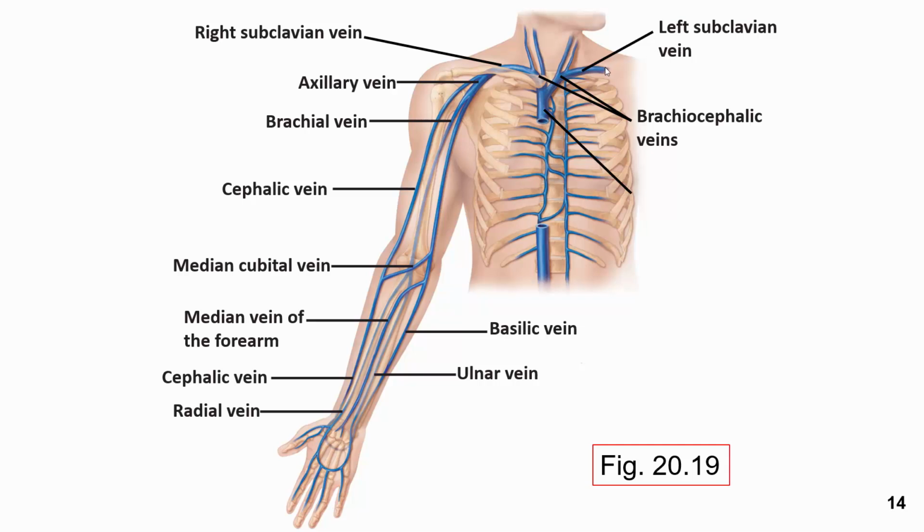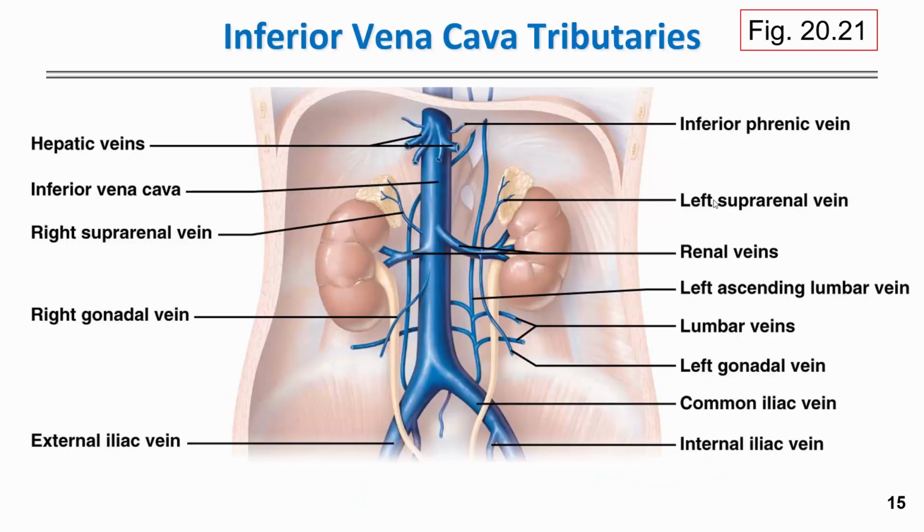The names of these vessels will change into the brachiocephalic veins. Once again, we have one on the right and the left, and these two veins will merge, and all that blood, in addition to the blood draining from the head and neck region, will move into the superior vena cava, and this will drain the blood into the right atrium.